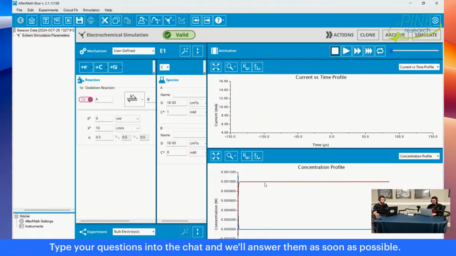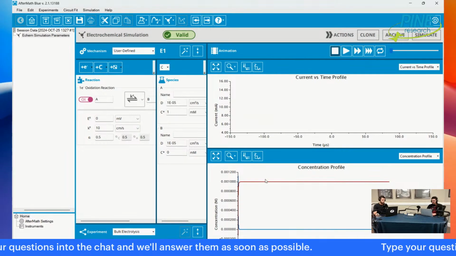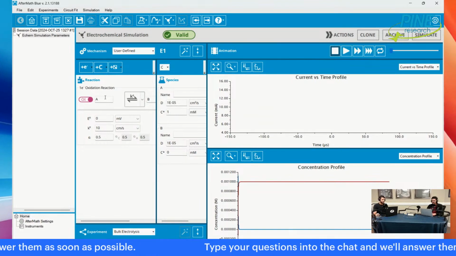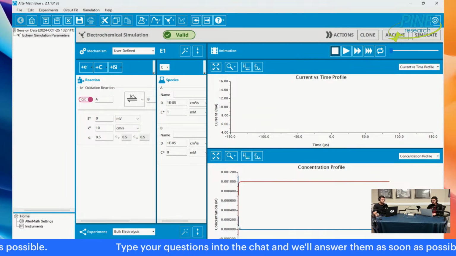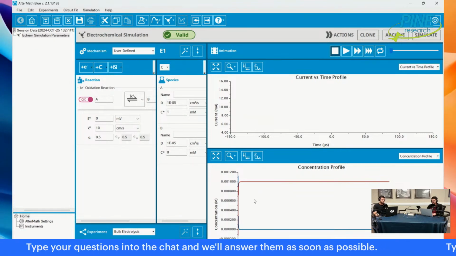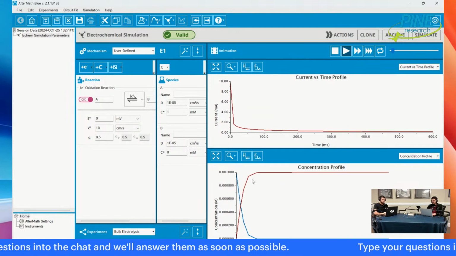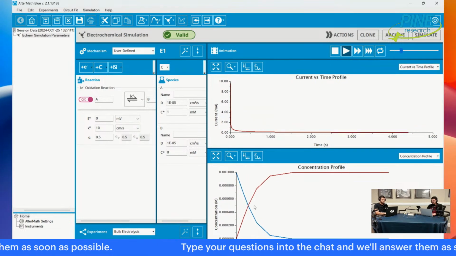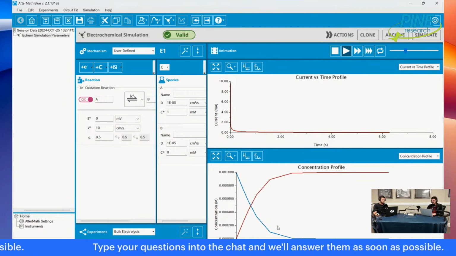So in the bulk, there's lots and lots of my red species. But then as I start the experiment, there's going to be a lot of blue that starts to exist near the electrode surface. So this is the diffusion layer thickness increasing over time.